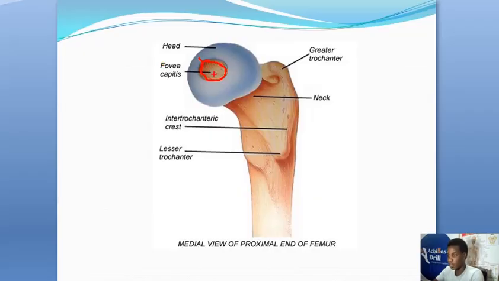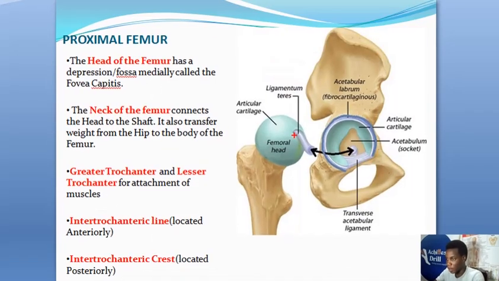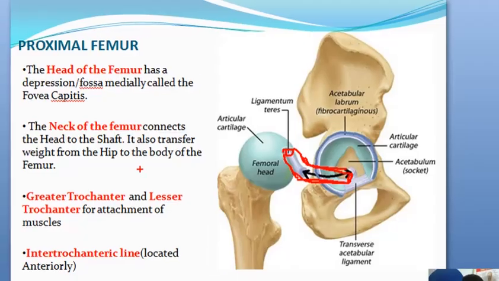It attaches to the fovea capitis and then joins into the acetabulum. The previous picture shows that. Are you seeing the ligamentum teres here? Okay, it's attaching to the fovea capitis somewhere here, and then the ligamentum teres does join to the acetabulum. Okay, so that's that about that.